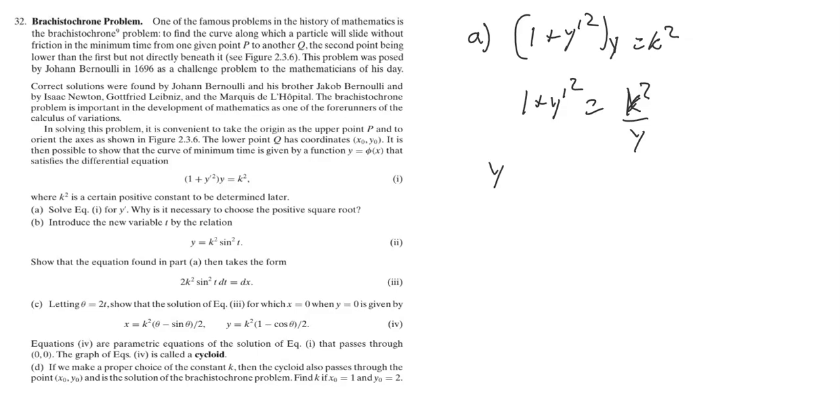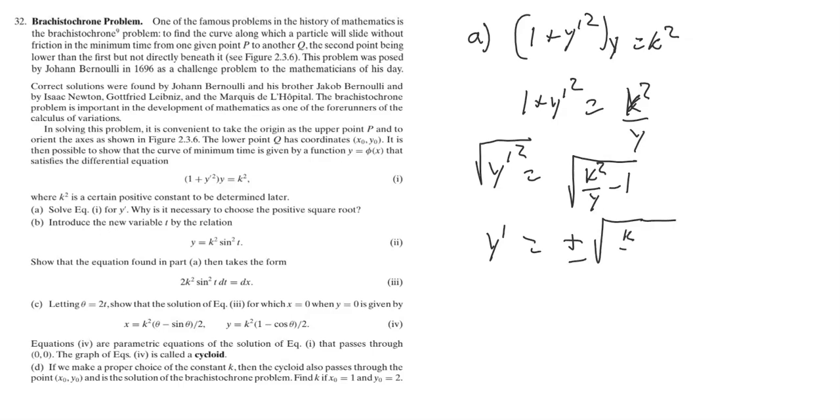And then that simplifies to y prime squared equals k squared over y minus 1. Square root both sides, and we're left with y prime equal to plus or minus the square root of k squared over y minus 1.